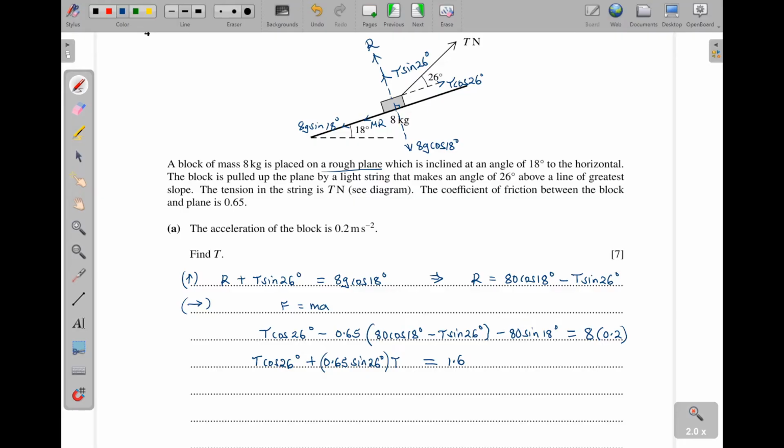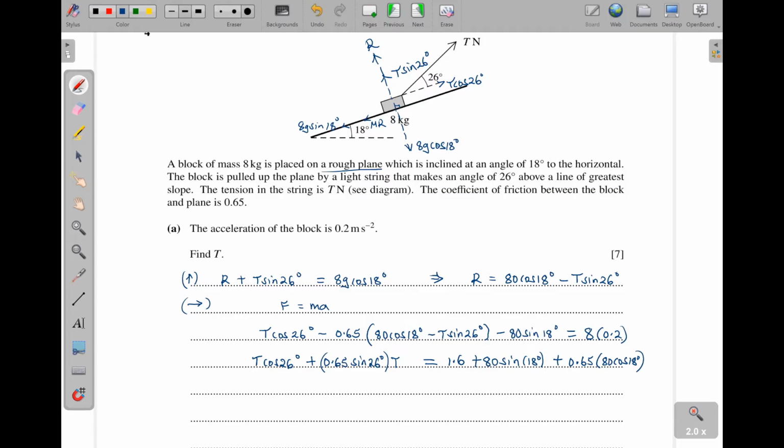And then the other one, taking this to the other side, is going to be positive, so plus 80 sine of 18 degrees. Then when I multiply these ones here, it is a minus, so when it crosses, it becomes a positive. So I will have plus 0.65 times the 80 cosine of 18.